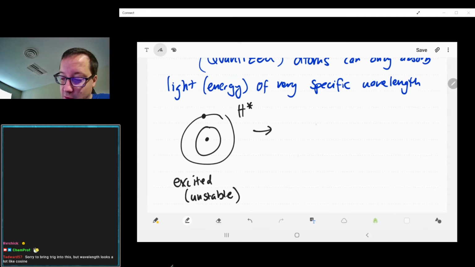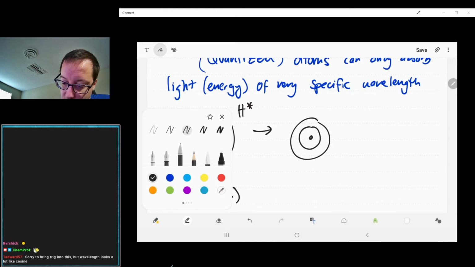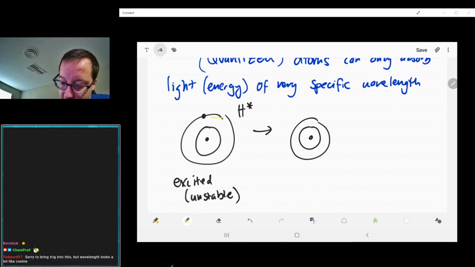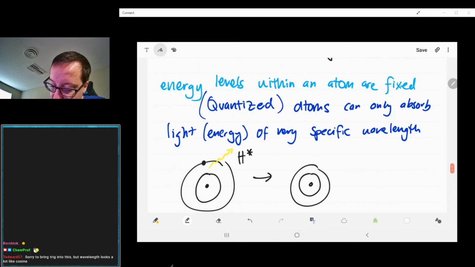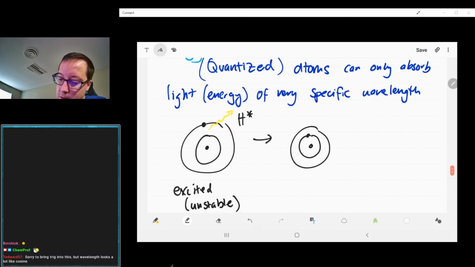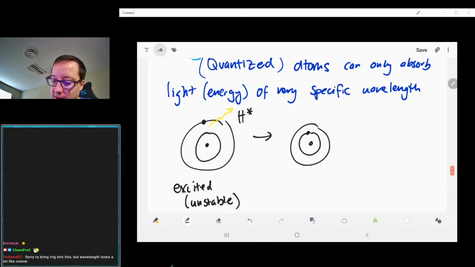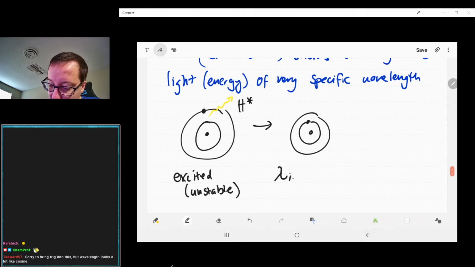So it's just going to spit out that light again. So it is now going to spit out a light wave and come back to its ground state. And we're going to see that the wavelength of light that we put in is the same as the wavelength of the light that we're going to put out. Or at least the energy thereof.